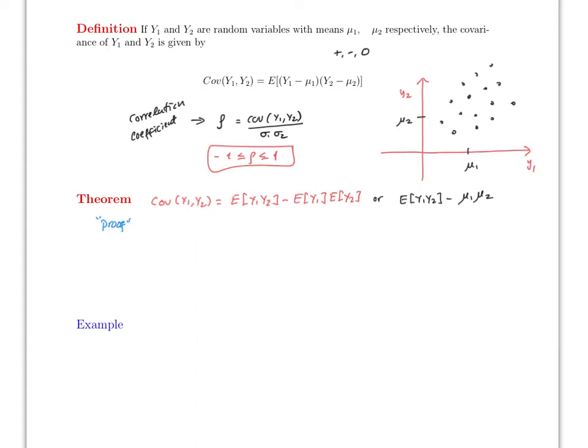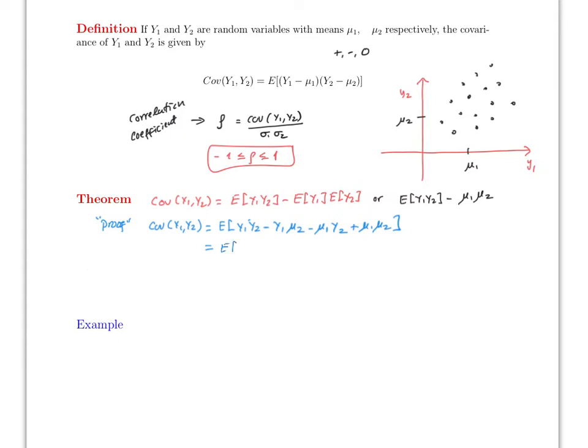If you expand this, we have the covariance of y1 and y2. It will be the expected value of y1 times y2 minus y1 mu2 minus mu1 y2, and then plus mu1 mu2. And then notice that these values are constants.